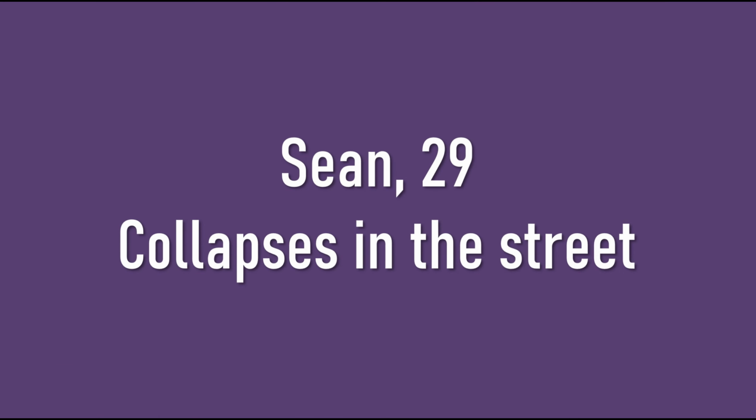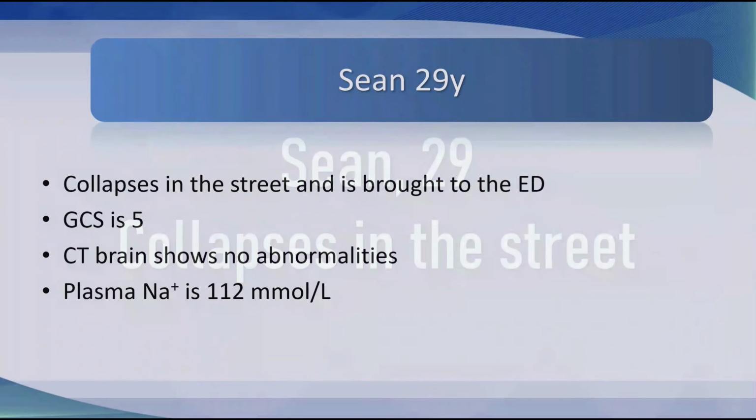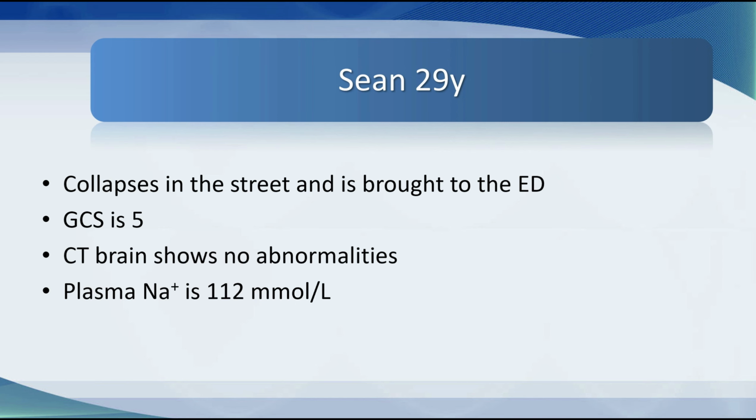The next case is Sean, who's 29, and he collapses in the street, and he's brought into the emergency department, and his GCS is 5. He has a CT brain because everyone thinks he's had maybe a stroke, but it's normal. His plasma sodium is 112 millimoles per litre. So this is symptomatic hyponatremia.